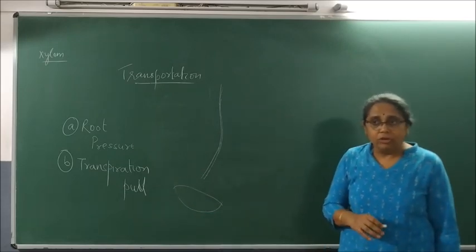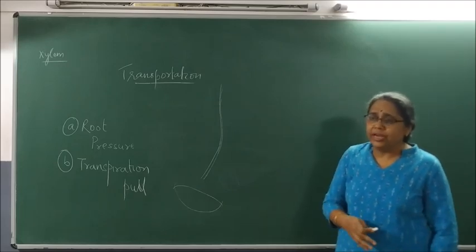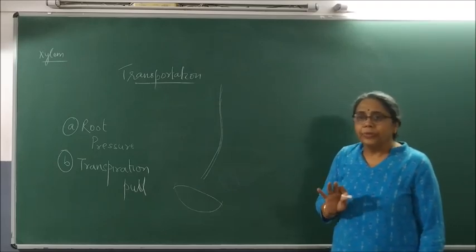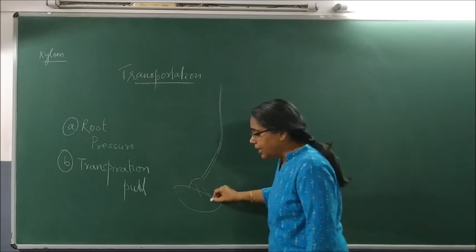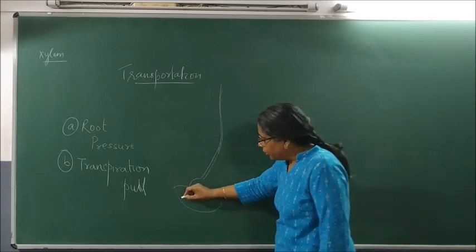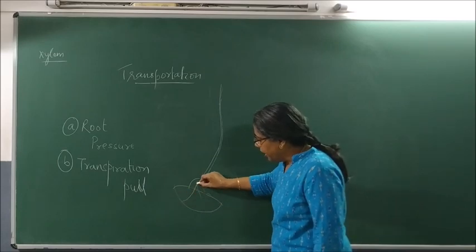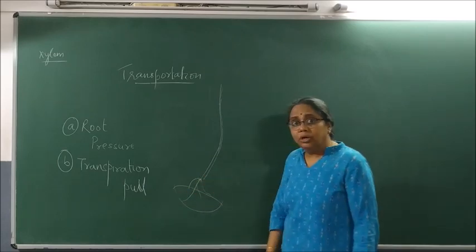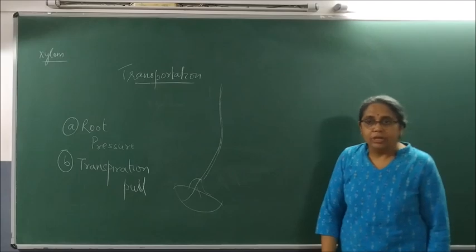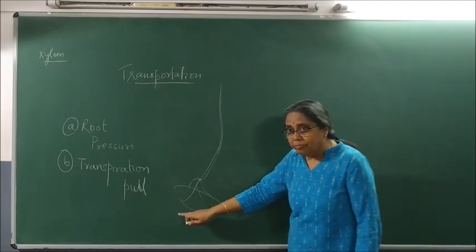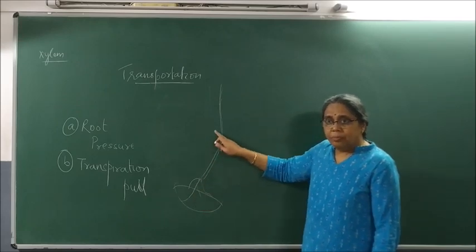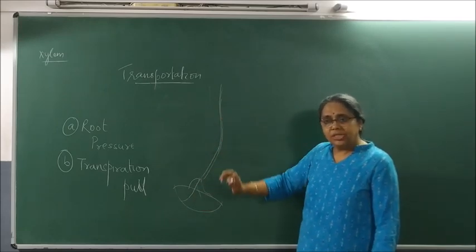There are nitrogen ions, phosphorus ions, phosphates, nitrates, etc., along with water, whereas inside the root, it is very less. So water always moves from a higher concentration to a lower concentration.